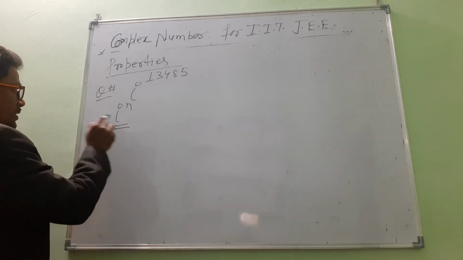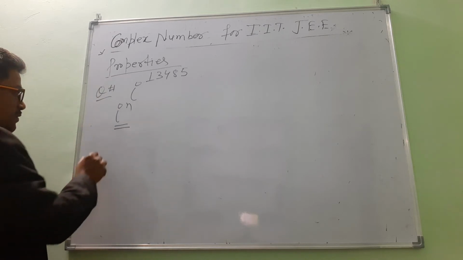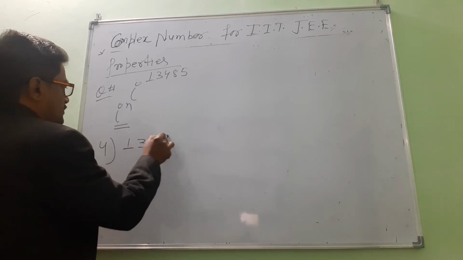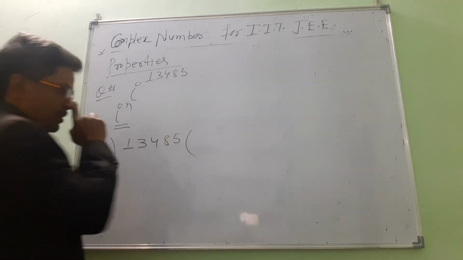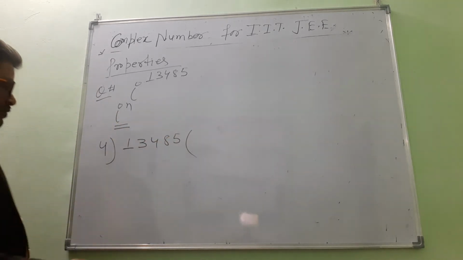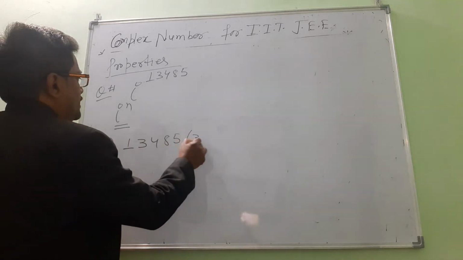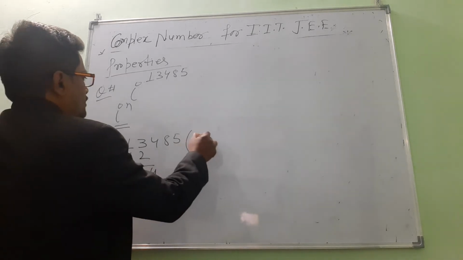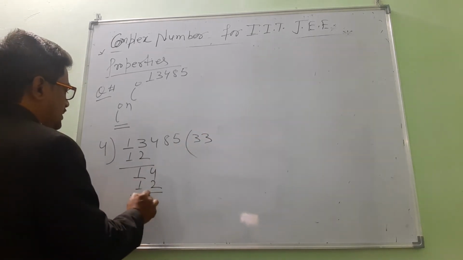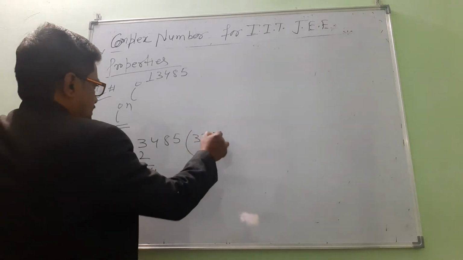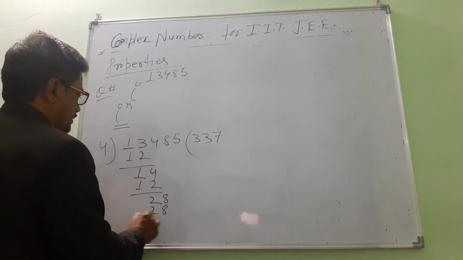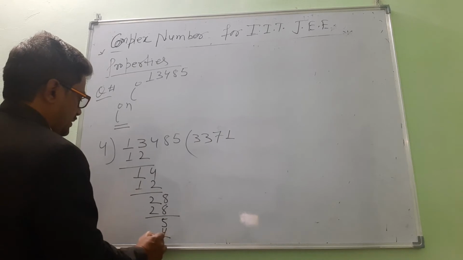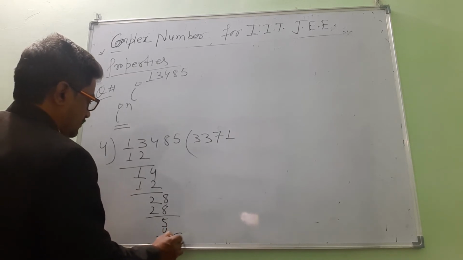Always remember, for any power of iota, always divide the power by 4. Always divide by 4. So do it. 4 3s are 12, remainder is 1. 4 3s are 12, remainder is 2. 4 7s are 28, remainder is 5. 4 1s are 4, remainder is 1.